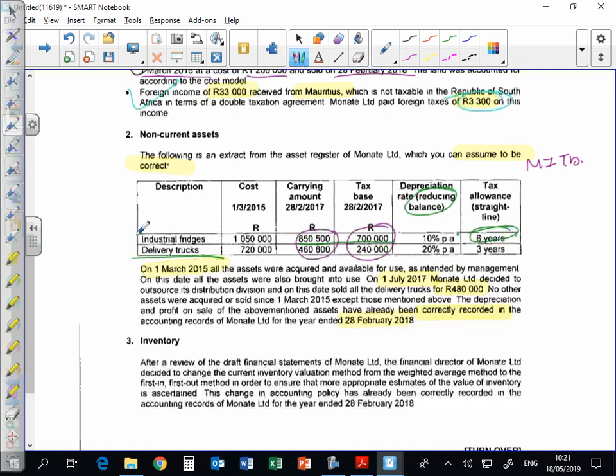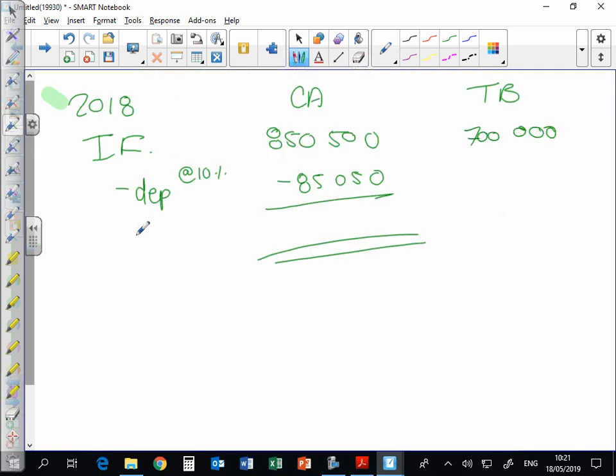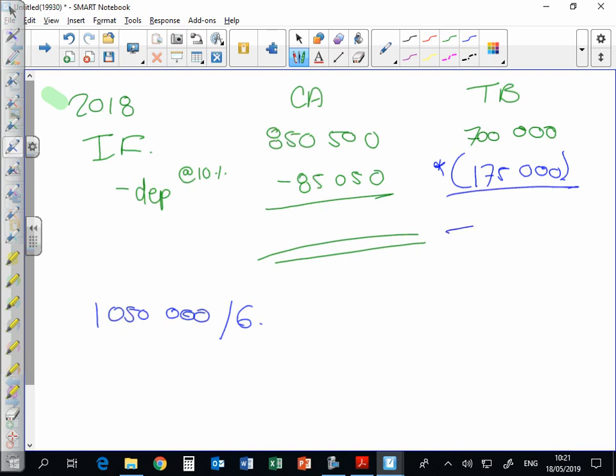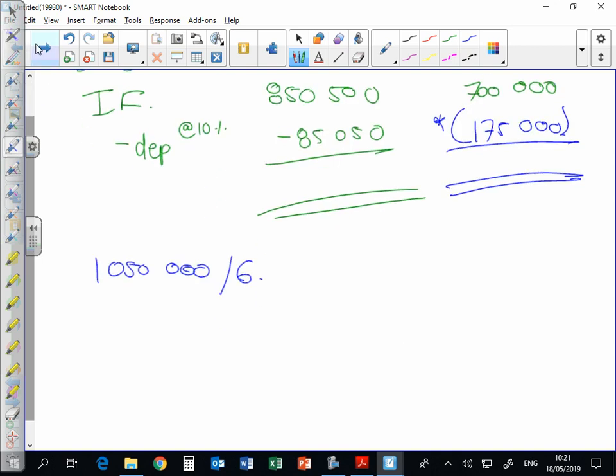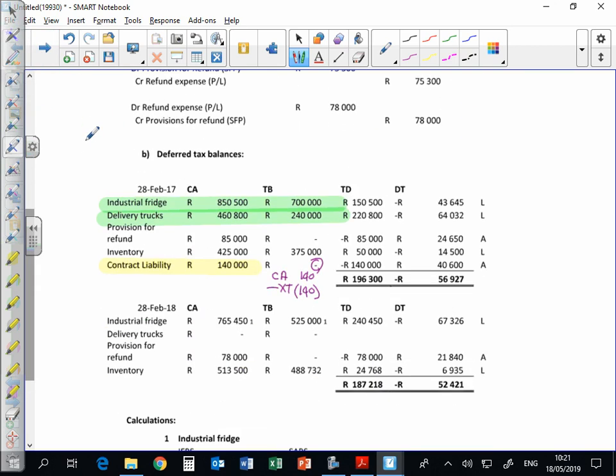So my calculation there would be 1,050,000, which is the cost, divided by 6. I think that's 175,000. And that is the wear and tear for the current year. I get to my tax base, and I can just fill those two in for my industrial fridges.